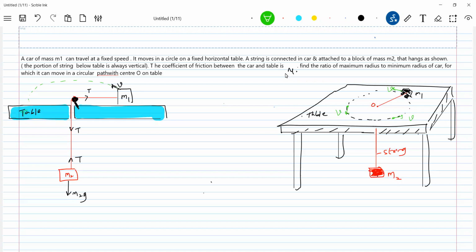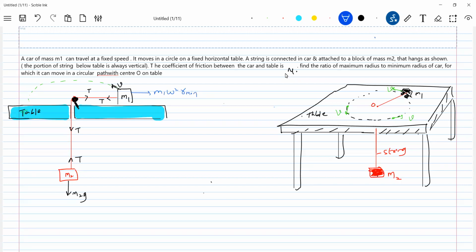Now, how will the tension act here? The tension should act in this direction. When it is minimum, the pseudo force should act in this direction. I'll call this R minimum.